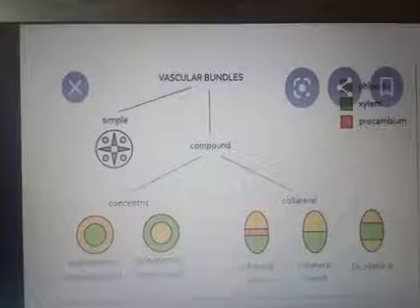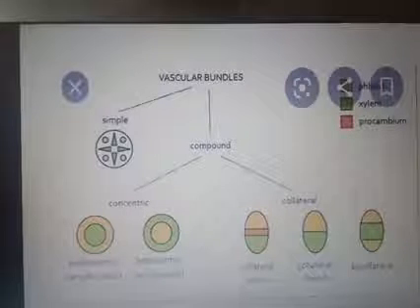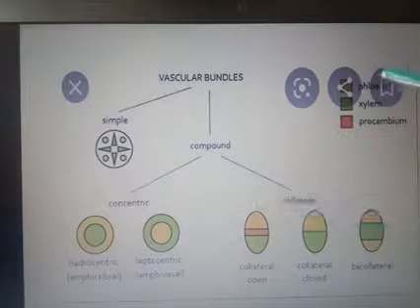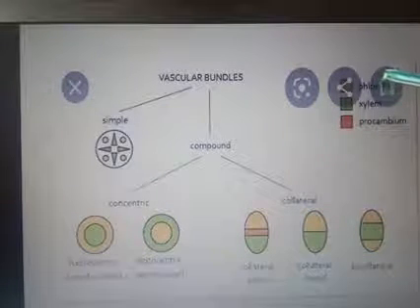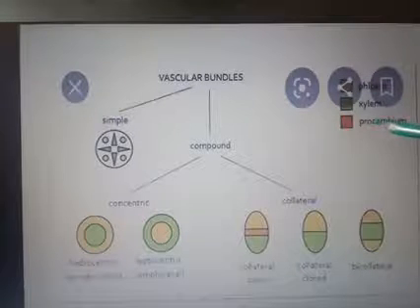If a meristematic strip called cambium is present between the xylem and phloem, that is known as an open bundle. Here the yellow portion is phloem and the green portion is xylem, and in between, the red portion is procambium.